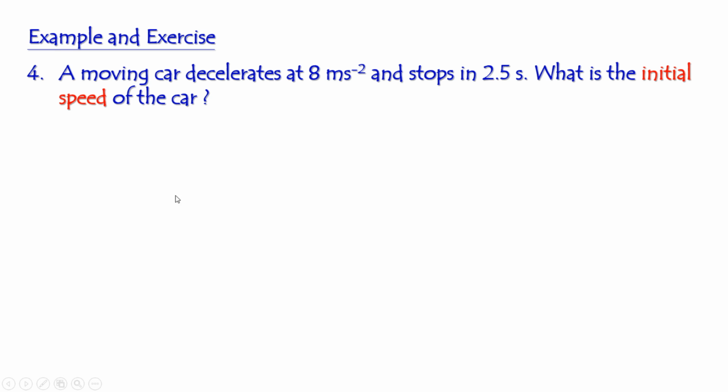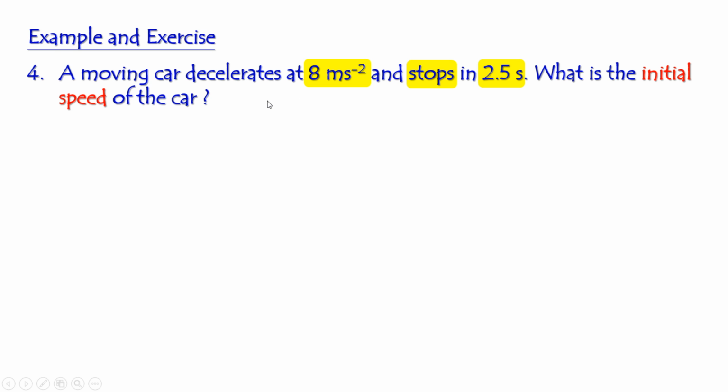Okay, look at the question again. The moving car decelerates at 8 meters per second squared, right? And stops in 2.5 seconds. Stop. Okay, there are 2 numbers, but there's a very important word we have to know. It is stop. What is meant by stop?